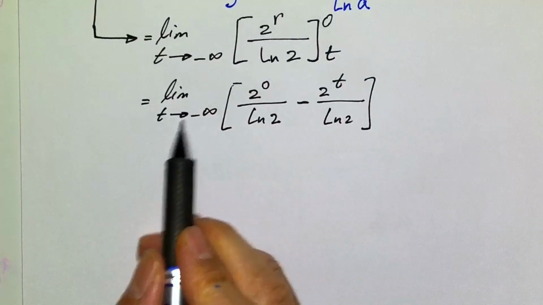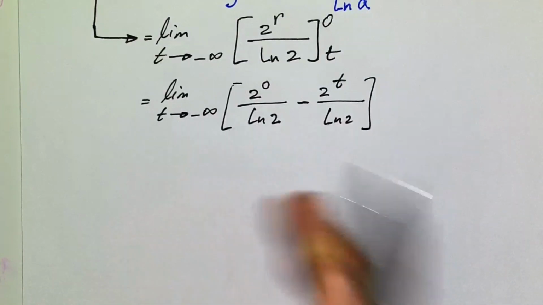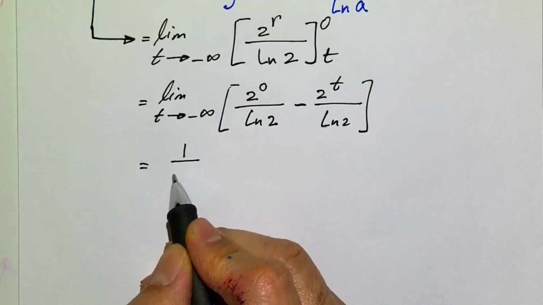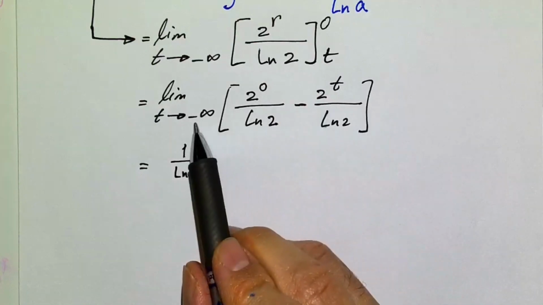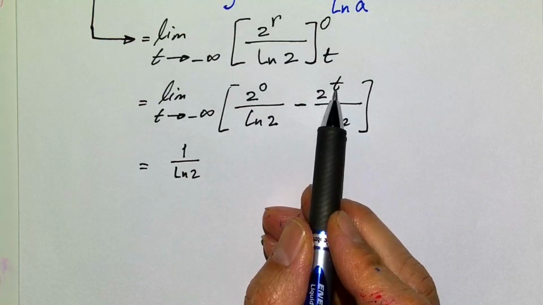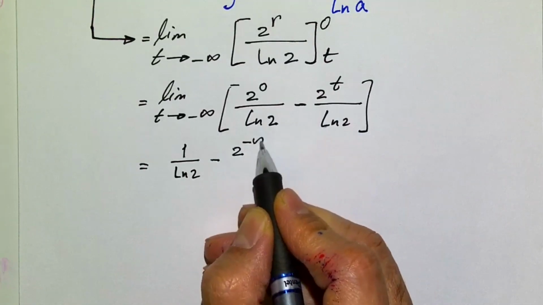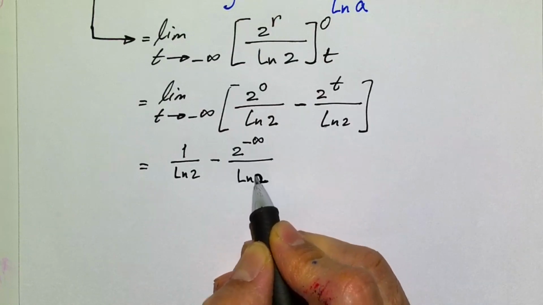This whole numerator is 1 divided by natural log of 2. And as we simplify this expression, let's apply the limit as well. So we get 1 over natural log of 2 minus 2 to negative infinity divided by natural log of 2.